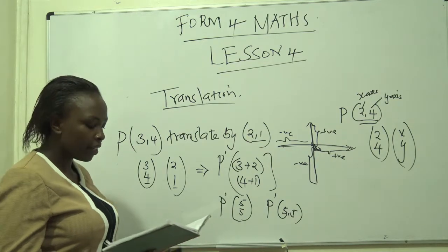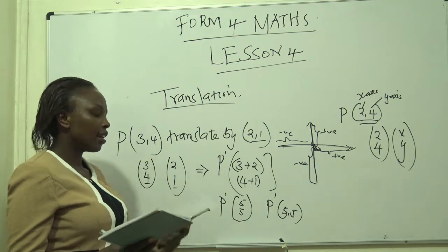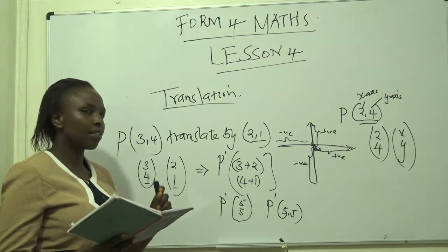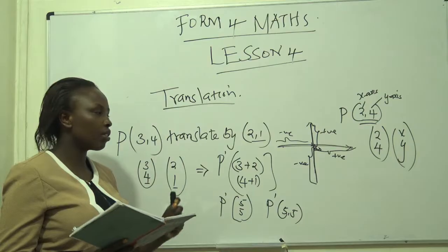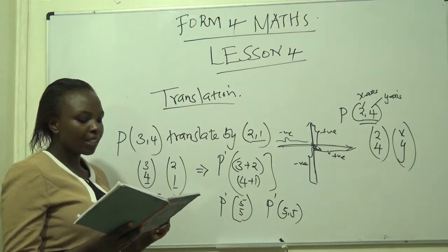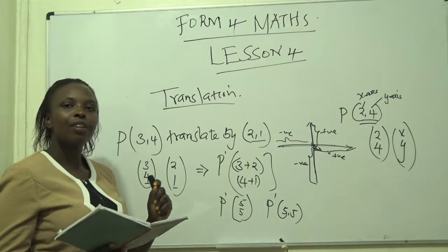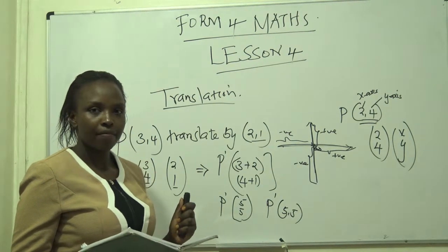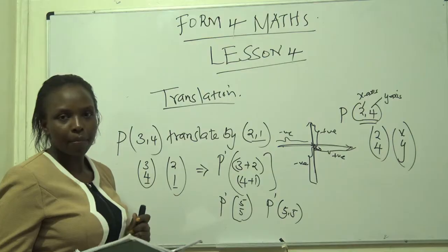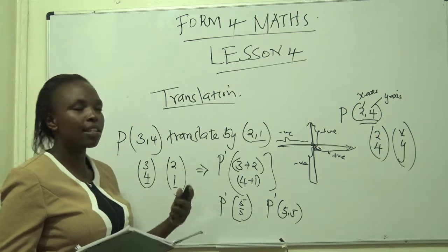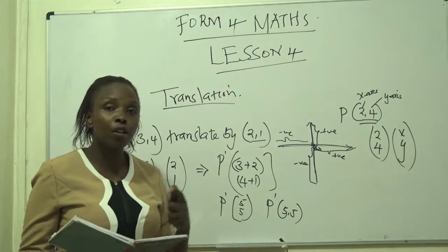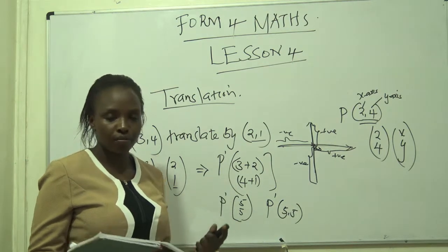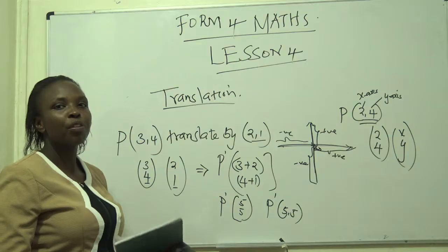Also note that anytime you do translation, the object and the image are usually congruent, or they are directly congruent. To sum up what I've just said, let's watch this video so that we can understand well about translation. We are going to look at an example when we come back.